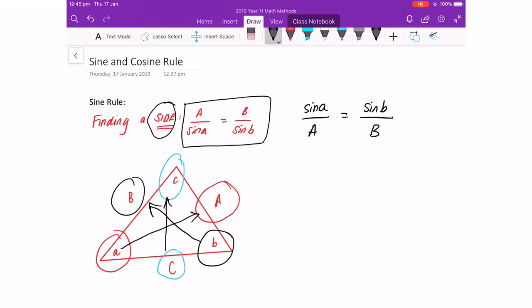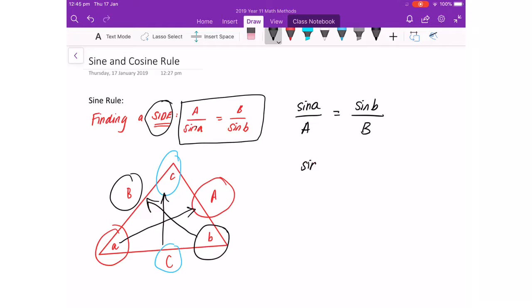Okay, so from here you can see that I've basically just flipped both sides around. You can't just flip one side, you've got to flip both sides. And if I want to find an angle, for example sine A, I would have to do sine A is equal to sine B over b times a. Okay, and then from there I've got to find the inverse to get that angle on its own.